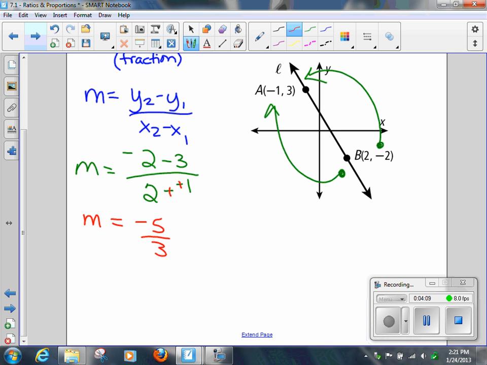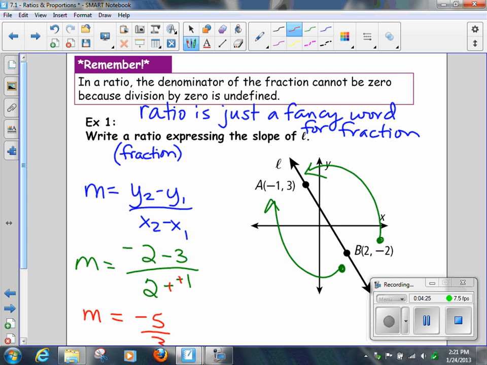Can I leave my slope that way? I only have to flip it when? When it's perpendicular. Go back and read it. Nope. Just watch. It says write a ratio. Write a fraction expressing the slope.